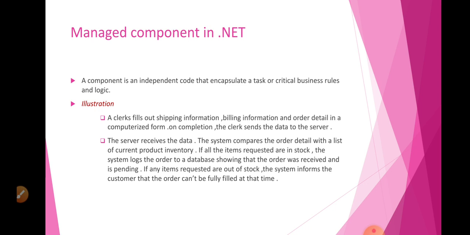For example, if you are going to purchase a Samsung mobile, it will check it in the inventory. If all the items requested are in stock, the system logs the order to a database showing that the order was received and is pending.